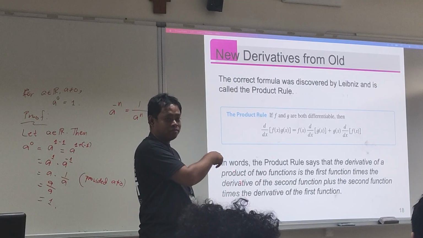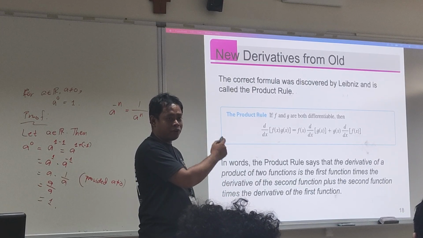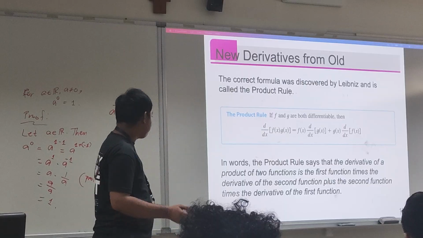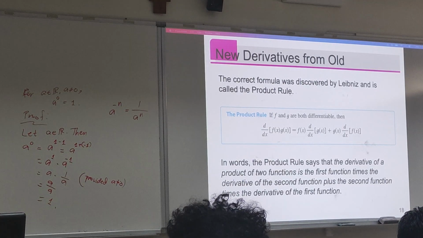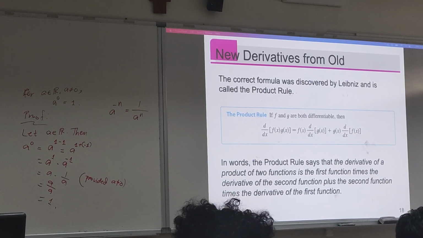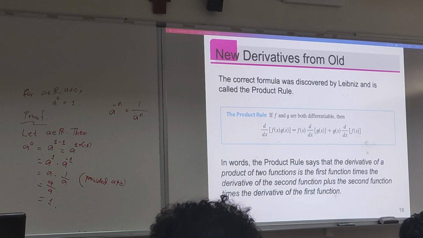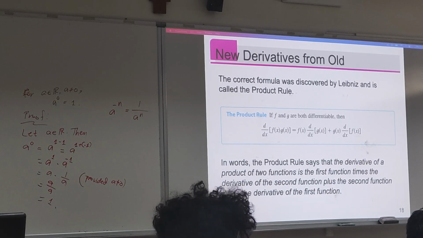So that is the process or the method for the derivative of a product. As long as you consider every function, take the derivative of one function while the other stays as is.